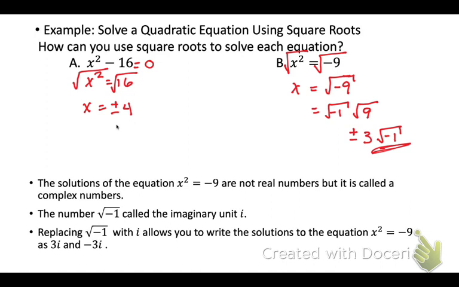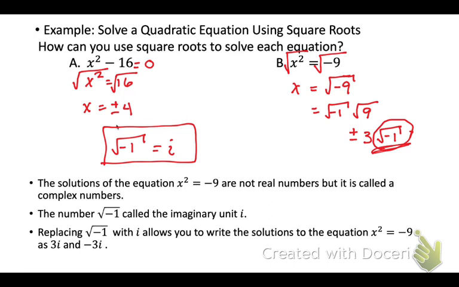Okay, so the solution that we have here is we have to deal with this negative square root. Well, the square root of negative 1 equals i. That's what it is. The square root of negative 1 is i. You want to write that down. Once we put that i in there, we are no longer in the real number system.